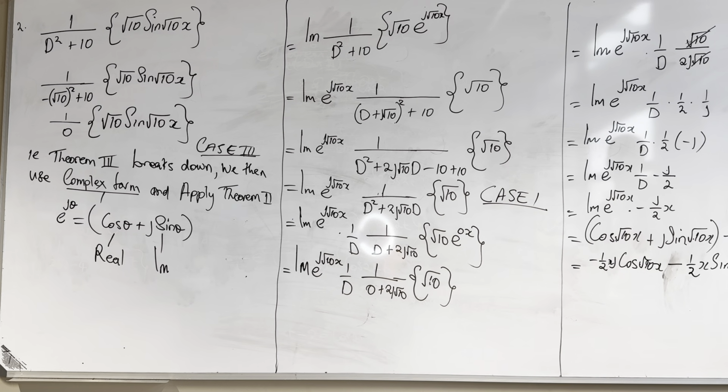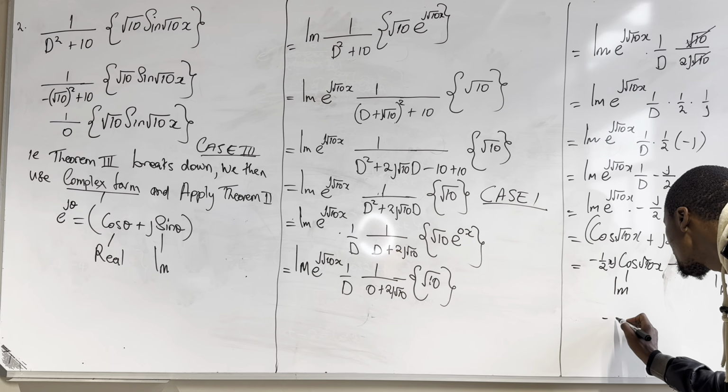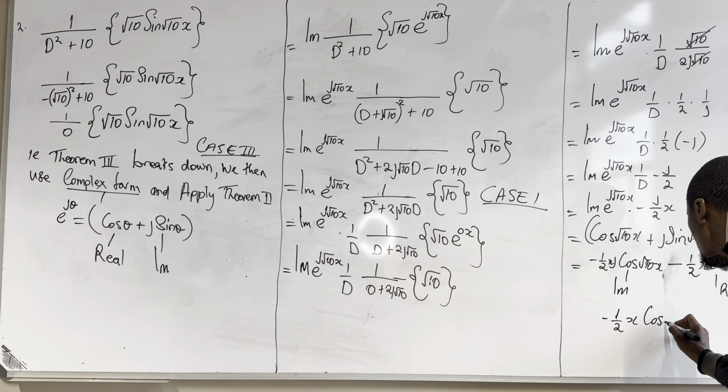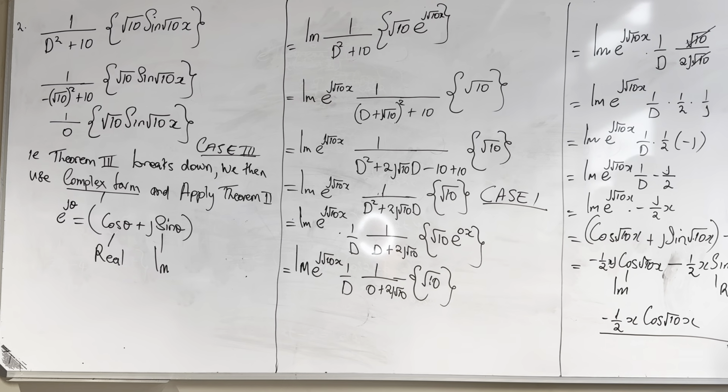Okay, so we have the imaginary parts, and we have what? We have a real part. So our solution here will be what? Will be a negative 1 over 2x and a cos root of 10x, and this will be our answer.